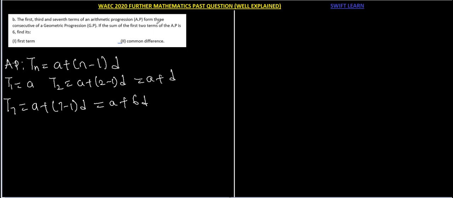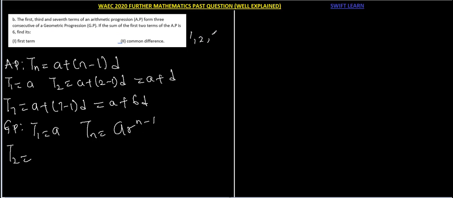So they said they form the 3 consecutive terms of a GP. So there's the word term, T-E-R-M, like this. Now for GP, the first term is also A. T of n in GP is AR^(n minus 1). Don't forget T2, because it said the 3 consecutive terms. That means consecutive terms means 1, 2 and 3.